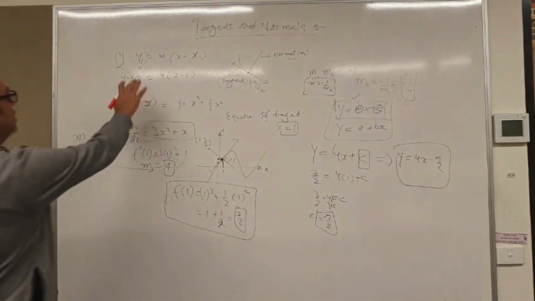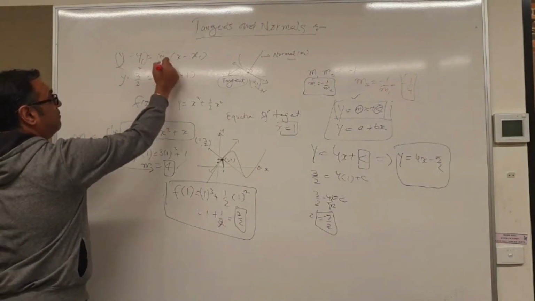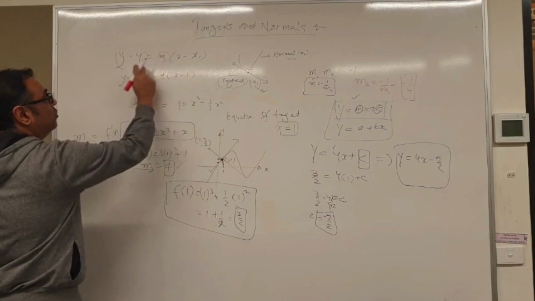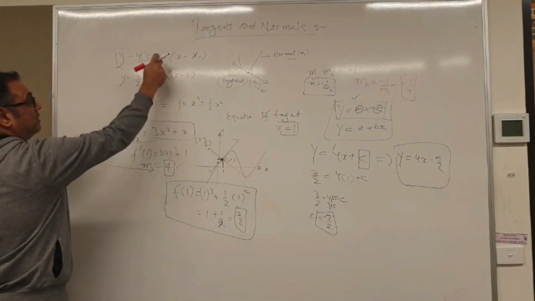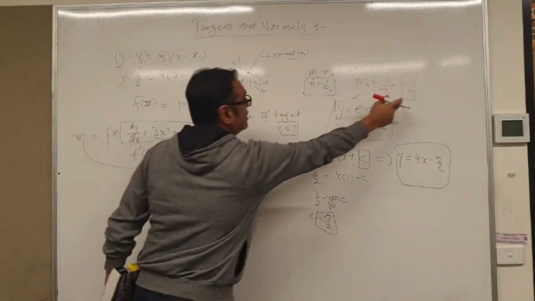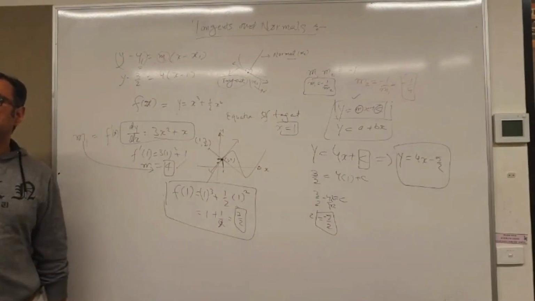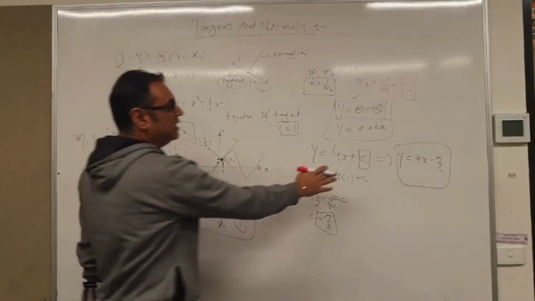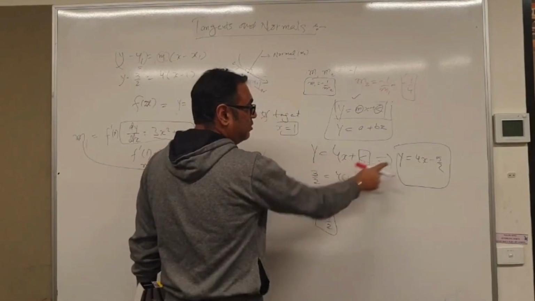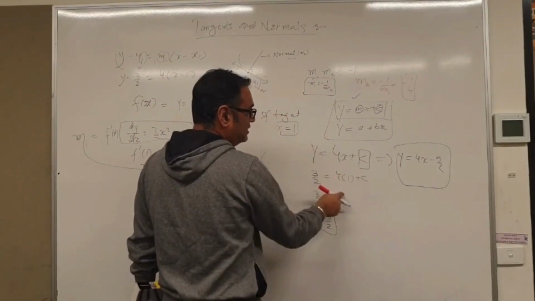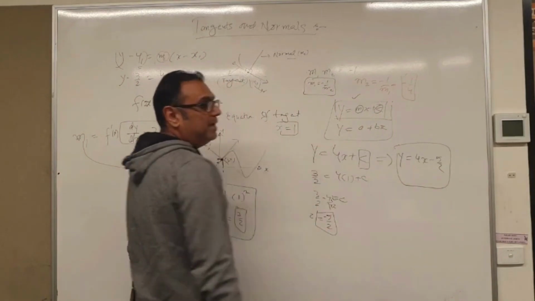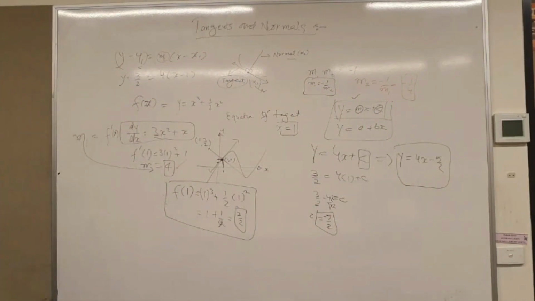So now, rather than m1, you will use m2, and you plug in the same points, but now using m2, which is negative 1 over 4, rearrange it, and you get the equation of the normal. Or you use m equals negative 1 over 4, plug those points in, find c, plug it back, and you get the equation of the normal. Does that make sense? Yes?